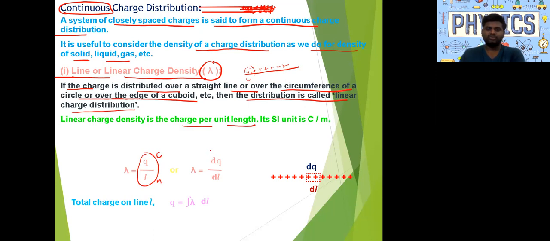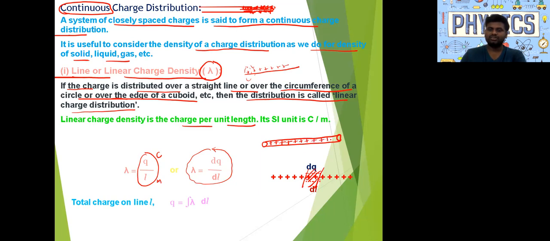In order to find the continuous charge distribution, we take a small element, and if we integrate, we'll get the overall charge distribution. For that, we take a small charge dq and a small length dl. This is our metal rod, in which charge is continuously distributed.